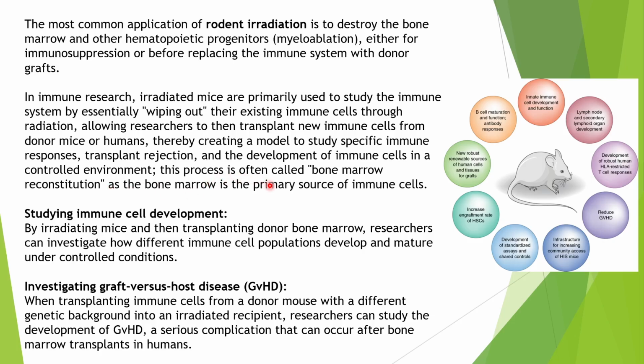This process is often called bone marrow reconstitution, as the bone marrow is the primary source of immune cells. We saw that bone marrow is also part of your lymphatic system. Many of your immune cells which are proliferated or activated and triggered for more production are from your bone marrow.